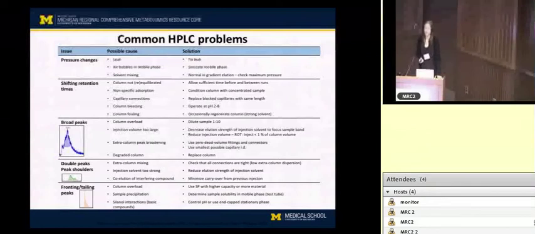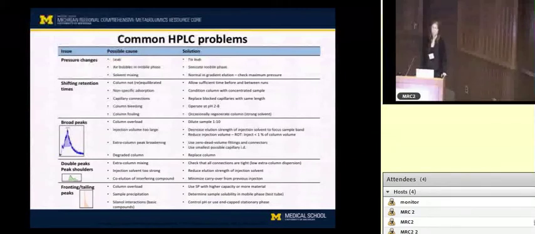Now let's talk a little bit about some common HPLC problems, how you can spot them in your data, and what you can do to fix them. Whenever I do quality control on my chromatographic data, the first thing that I look at are the pressure traces that almost every instrument records automatically.